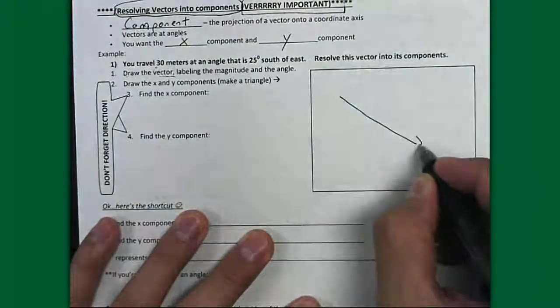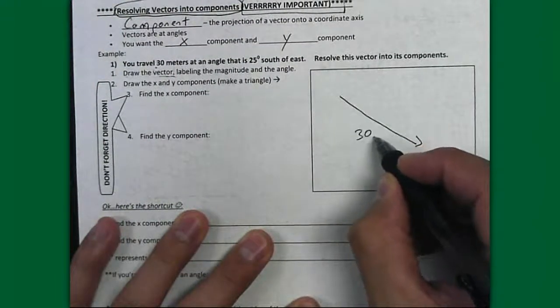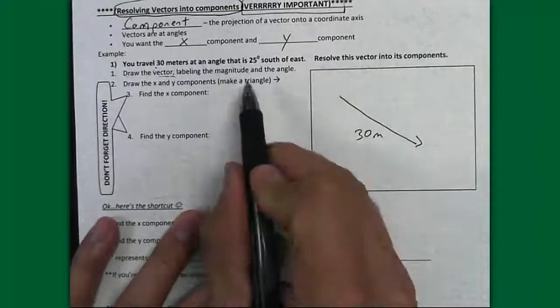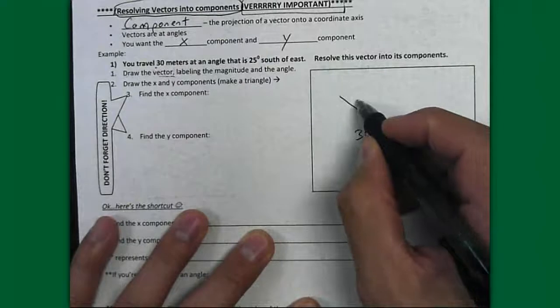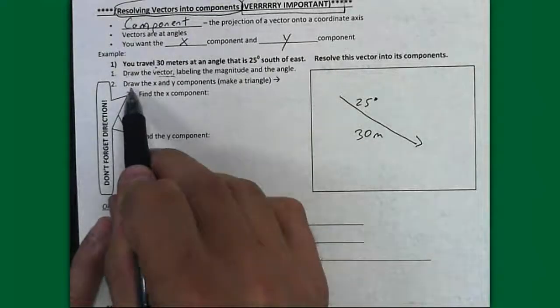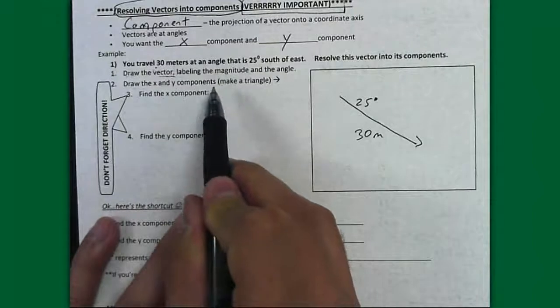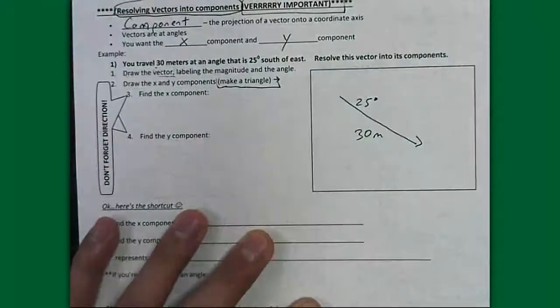And I'm going to draw this vector here. It's kind of exaggerated, I know, but I'm just making the point. I'm going to label the magnitude and the angle. The magnitude is 30 meters. The angle is 25 degrees. And after I do that, I want to draw the x and y components. And that may sound hard, but it's really not that big a deal. All you have to do is complete the triangle.